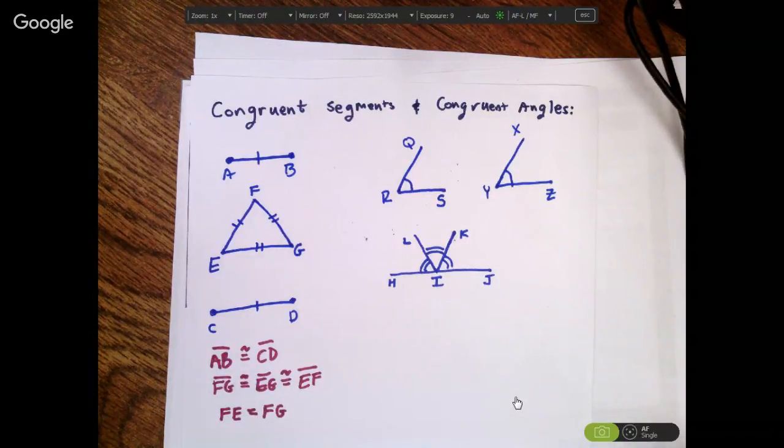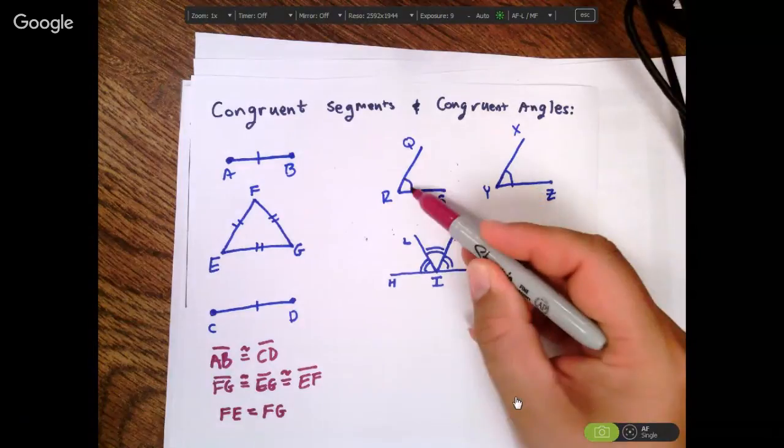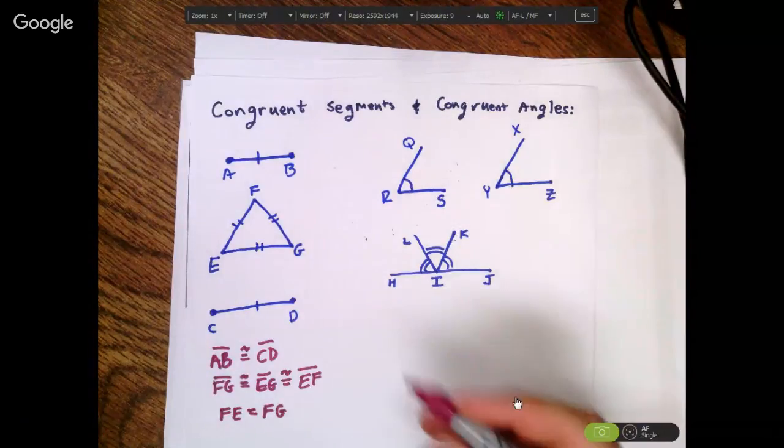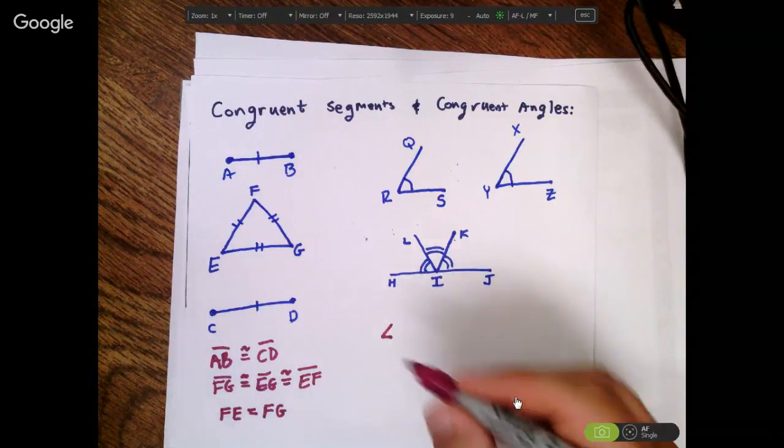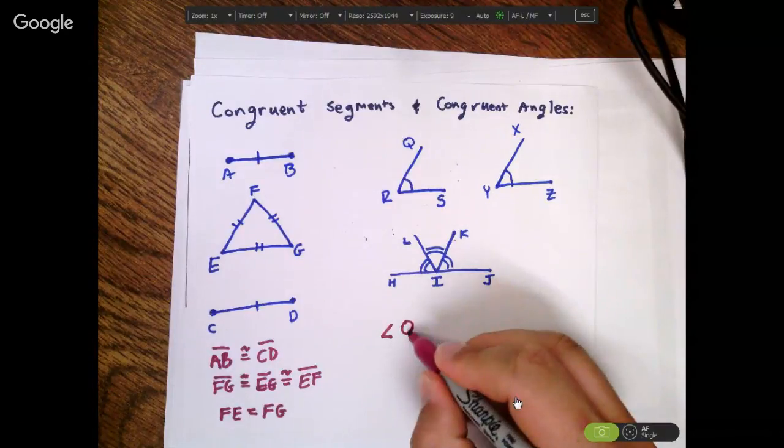It's the same thing. This has one little curve. This has one little curve. So I can say angle... How do I say that first angle? Okay. So you guys said two different ones, but they're both right.